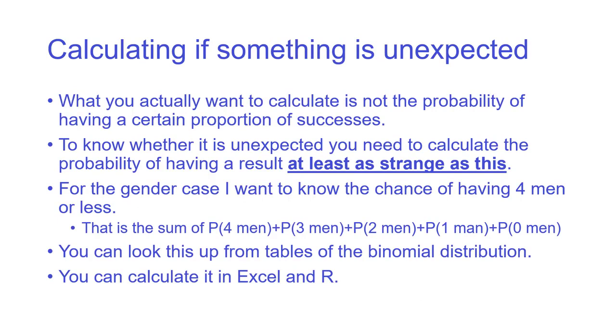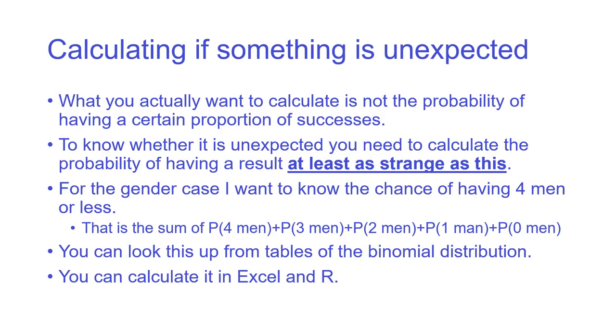What you can calculate is what's the probability of something at least as strange as this occurring. So in the case of the men, that would be 4, 3, 2, 1 or 0 men occurring out of 65.